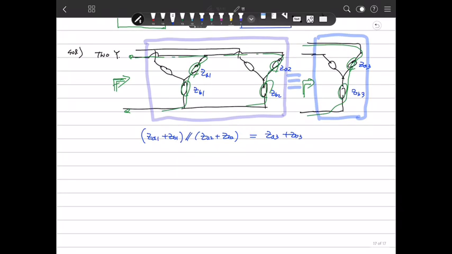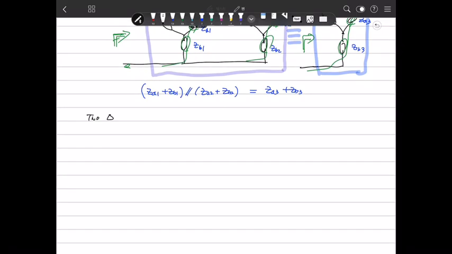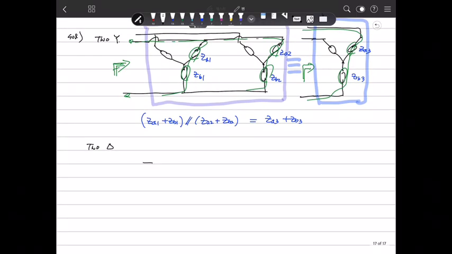But in the two delta case, where's the delta? We have one here, one here, one here, one here, one here, one here.